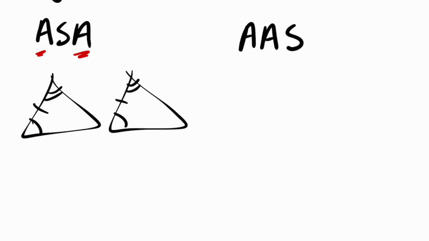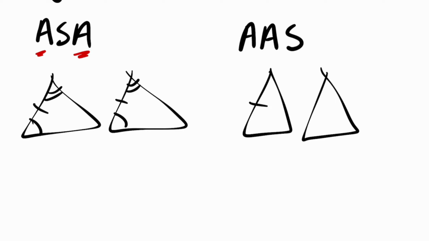Whereas in angle, angle, side, now you're dealing with a situation where two of the angles are marked and the side that's marked is not in between them. So it is only touching one of those angles. That might look something like this, where that third side is hanging off on the edge down here and only touching this one angle in the bottom right.